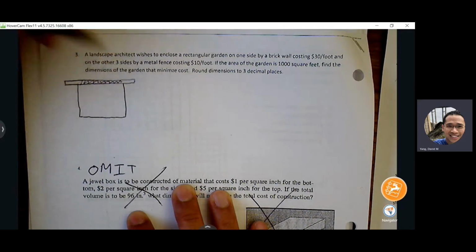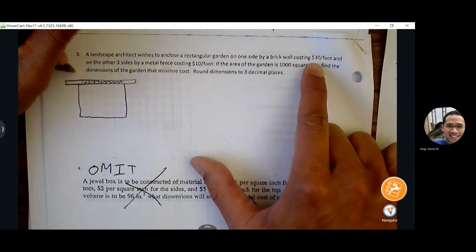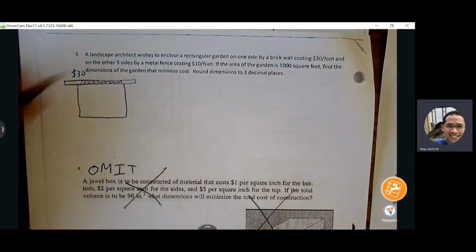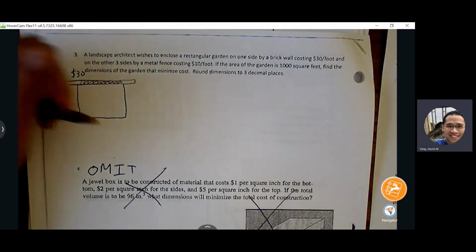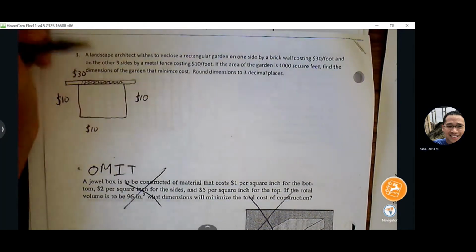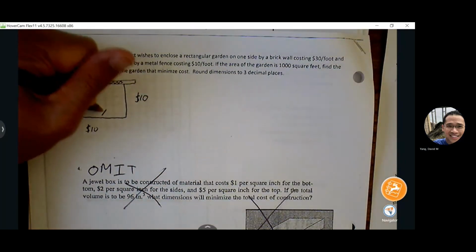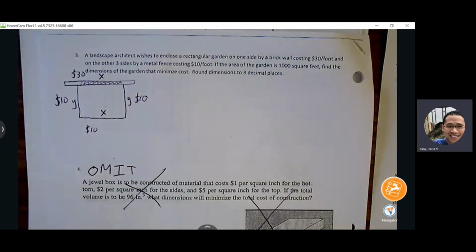Okay, so there's my brick side. There's my more expensive side here. The other 3 sides are metal fence, a little bit cheaper, $10 per foot. We have area and perimeter involved. I'm just going to go ahead and label my sides.